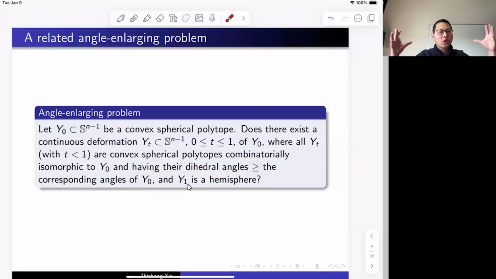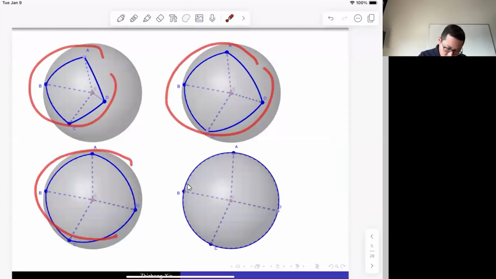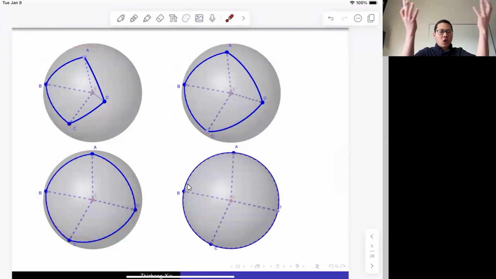And if you can do this all the way to make Y0 into the hemisphere instead of a point. So instead of going to a point, you go into a hemisphere. Here's a picture. You start with this one, you make it bigger, and bigger, until you reach the hemisphere. So this is the version we're going to need in the index theorem computation.